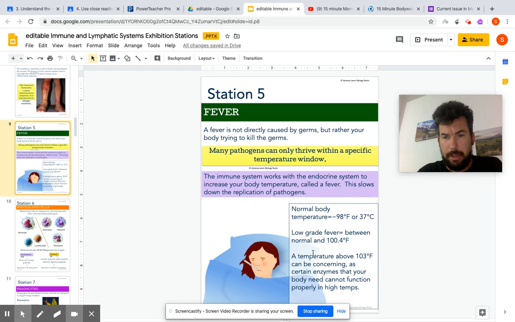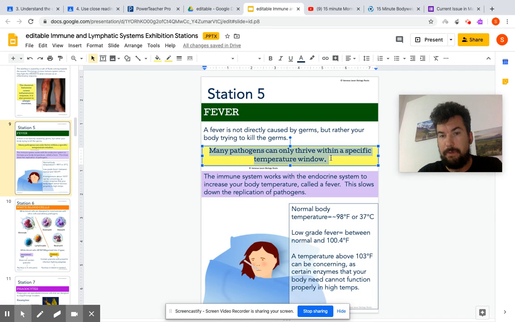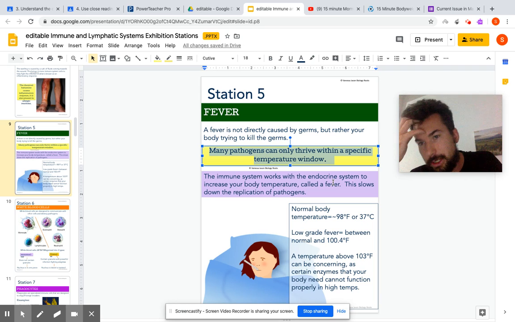You also, as I said there, have a fever, because many pathogens have a specific temperature window. And that's where my castle analogy probably falls down a little bit. I can't really explain that one with it. But as I said to you, most pathogens usually thrive at that 37 degrees Celsius range. And by heating your body up, you can actually somehow also get those pathogens to not function as well.